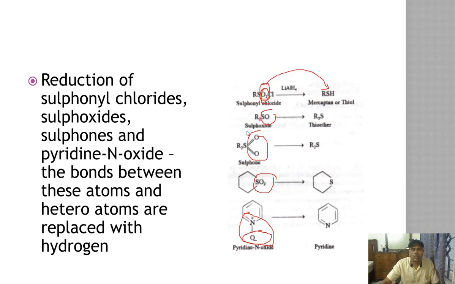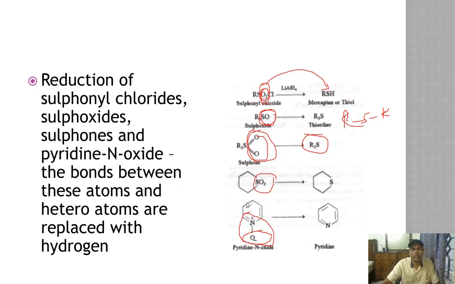Sulfoxide you can convert to thioether, with the sulfur in between R and R. You remove the oxygen here, and for the sulfone you remove the oxygen again, just retaining the sulfur.